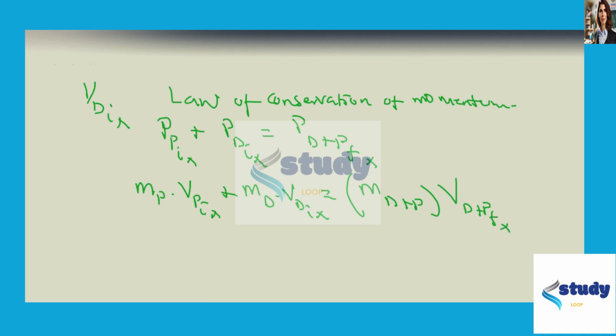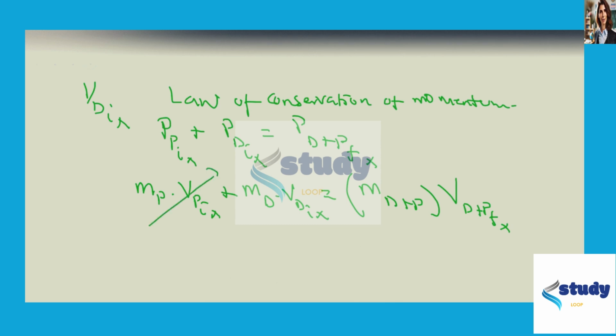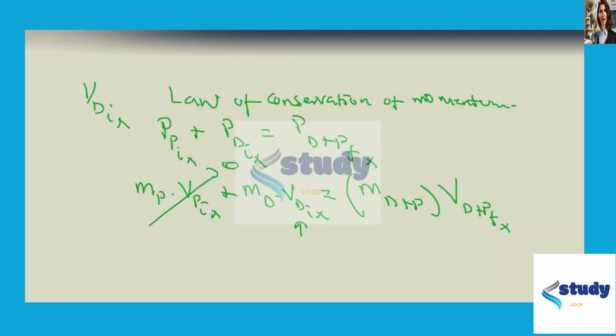Our life is going to be easier because the initial velocity of the Prius in the x is 0. So this is just going to be 0. Our target is to get the initial velocity of the Durango in the x, which is exactly the same as the actual initial velocity, the velocity before it collides.